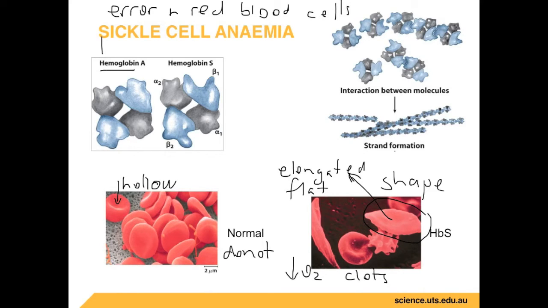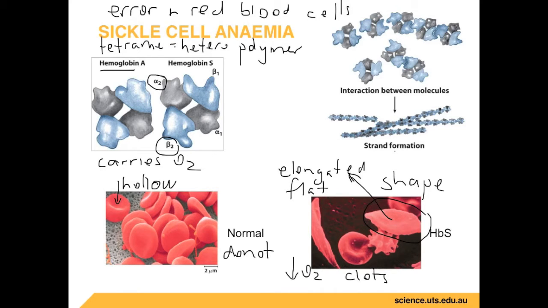Hemoglobin is a tetramer, and it is a heteropolymer. It's a heteropolymer because we have 2 alpha chains and 2 beta chains coming together to make one super macromolecule. And hemoglobin carries oxygen in your blood.